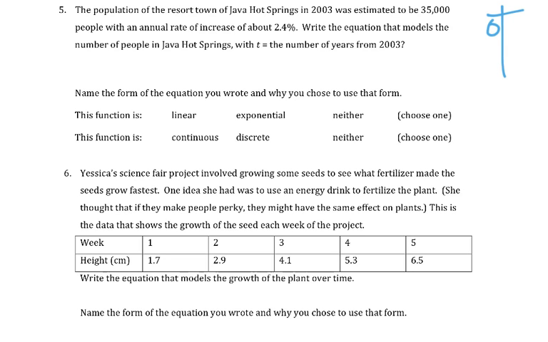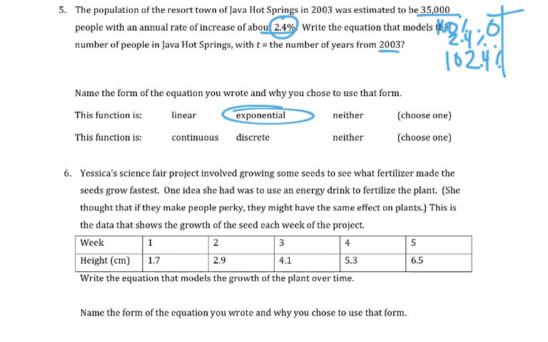Okay? So when we have a percent increase, think of this 35,000 as 100%, and we're adding every year 2.4% to that. So we're increasing by 102.4%. Okay, it's going to make it exponential.